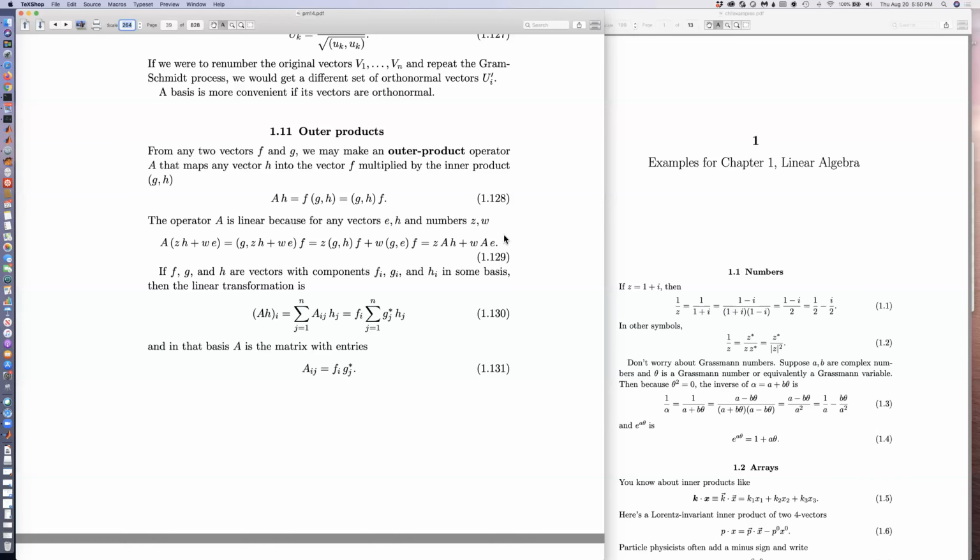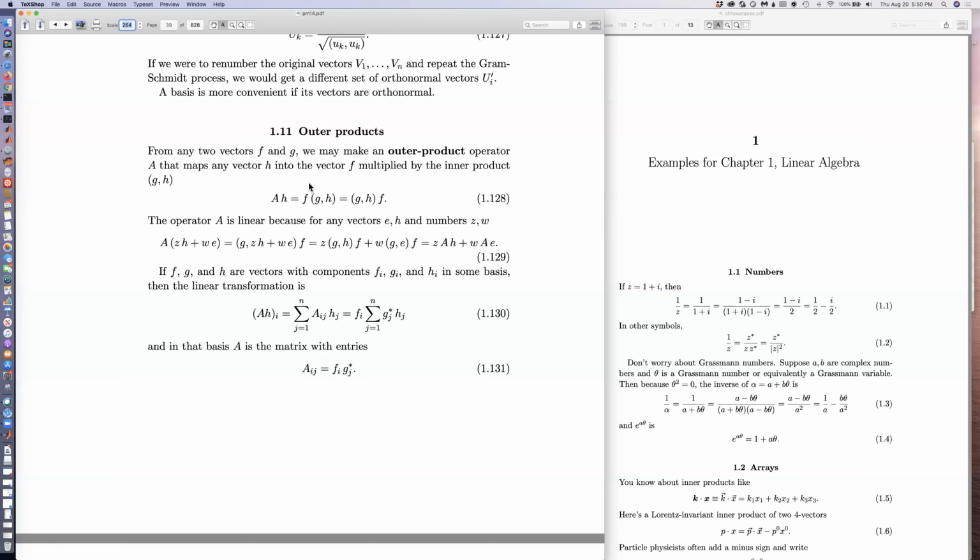All right, so we now know that this is linear. Okay, hold on, we've got another question here. It's great that we've got these questions. So in 1.29, can z and h and then w and e be interchanged? Oh, yes, they can be interchanged. A number times a vector is the same thing as the vector times the number.